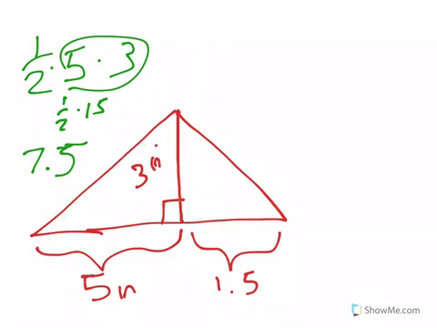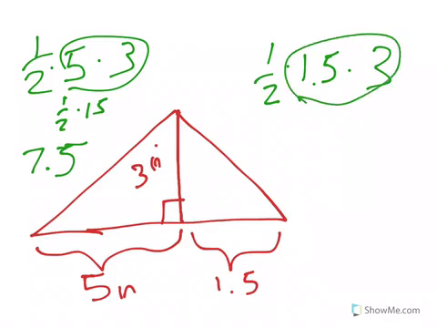Over here, we'd have 1/2. The base is 1 1/2, or 1.5. And then the height is still 3 inches, right? The height would be the same for both. So 1.5 times 3 is going to give me 4.5. 1/2 times 4.5 is 2.25.